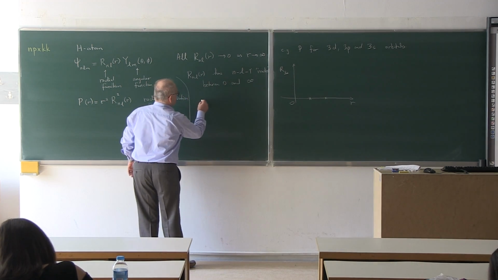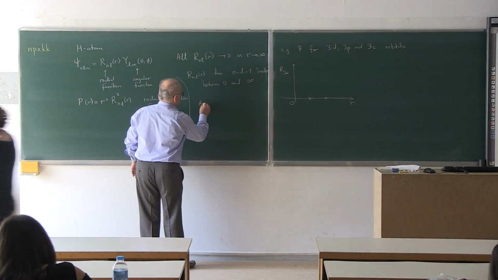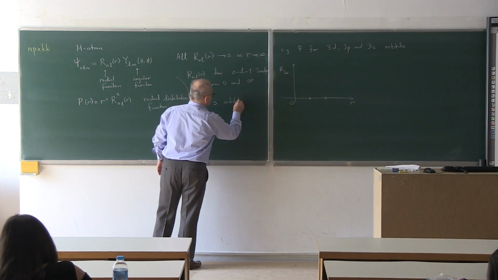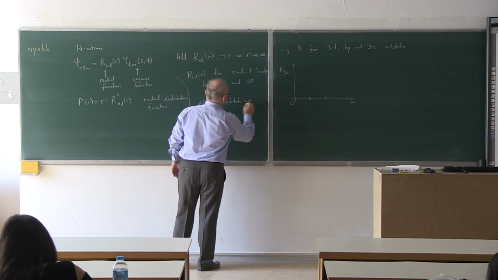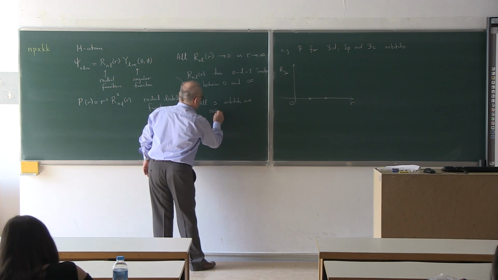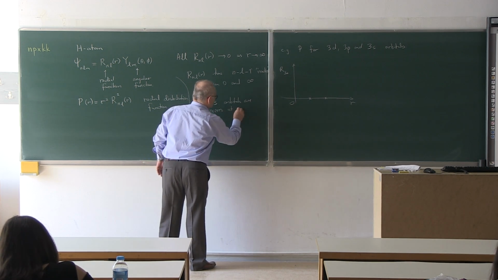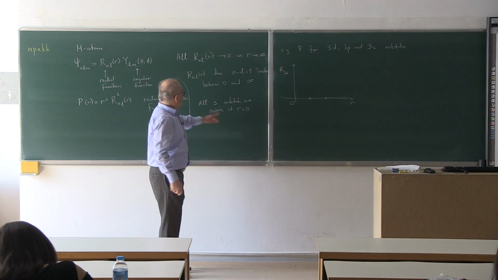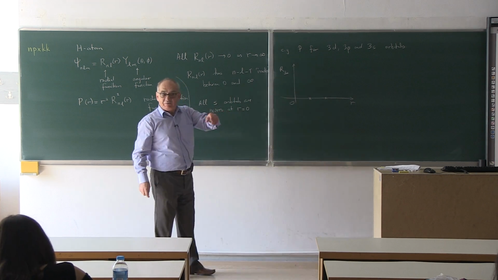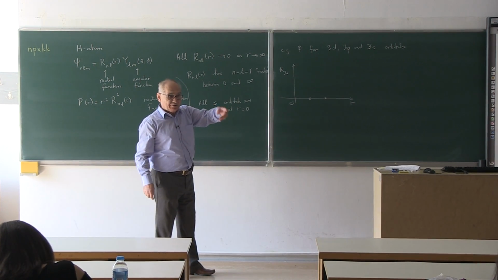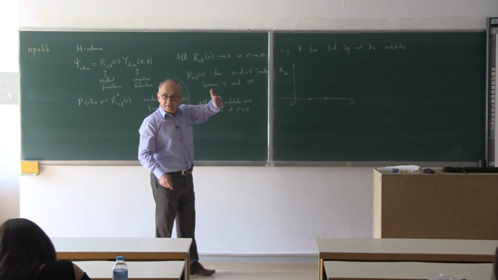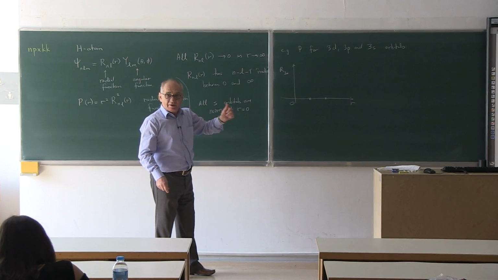Let us also note all s orbitals are non-zero at r equals 0. All s orbitals means we have 1s, 2s, 3s, 4s, 5s, infinitely many s orbitals. All of them are non-zero at r equals 0.